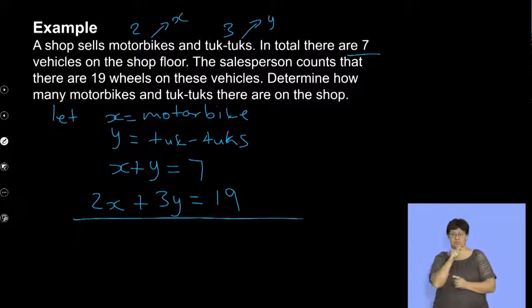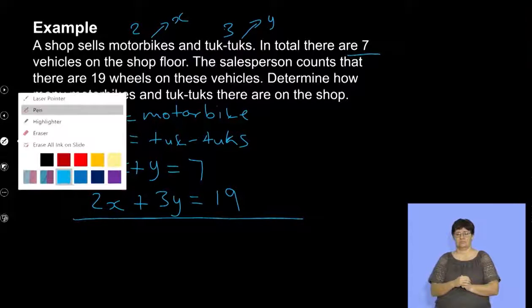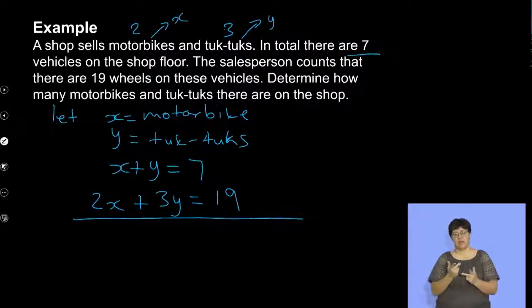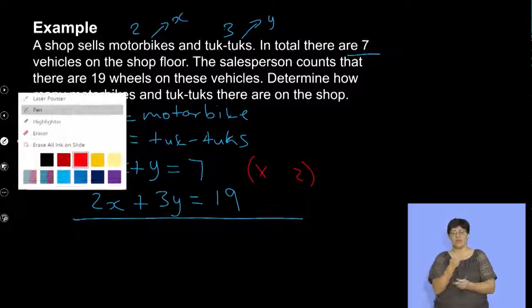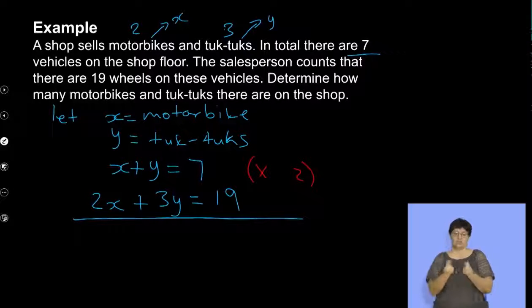And then, you can see they are both linear, so I can just use the elimination method. To use the elimination method, I must make one variable the same as the other, right? So I'm just going to multiply this by 2, right? So I'm firstly getting rid of the x, and then I will solve y, and then at a later stage work out what I want.